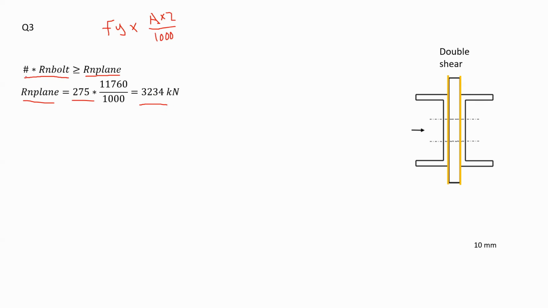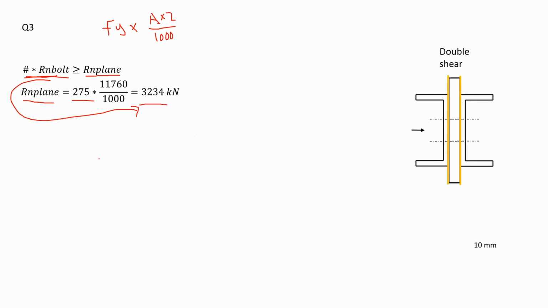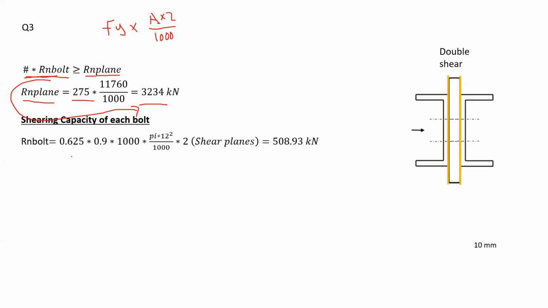Now I need my bolts to be stronger than the sections that we have. So in order to do that, I would like to calculate the shearing capacity of each bolt. Since we are given the size of the bolts and the information on thread inclusion, and the threads are excluded in the problem, I will calculate based on 0.625 by 0.9 multiplied by 1,000.